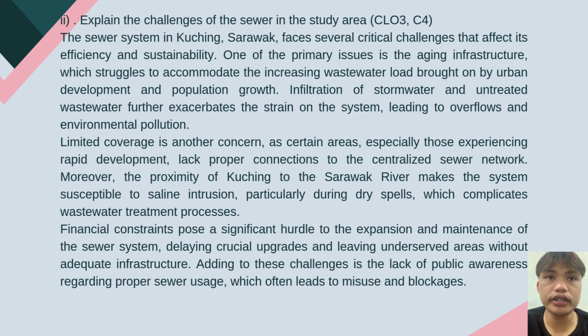Limited coverage is another concern, as certain areas, especially those experiencing rapid development, lack proper connection to the centralized sewer network. Moreover, the proximity of Kuching to the Sarawak River makes the system susceptible to saline intrusion, particularly during dry spells, which complicates wastewater treatment processes.